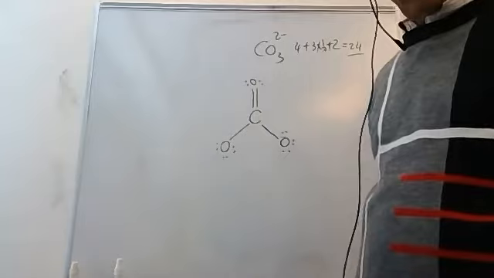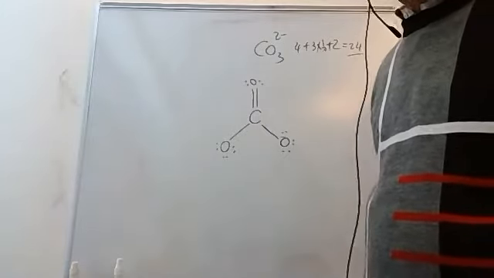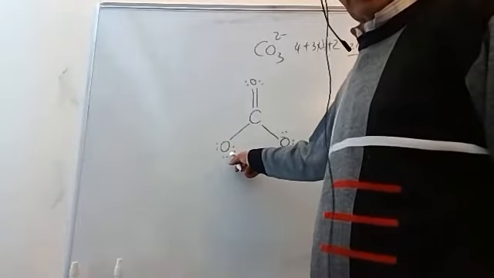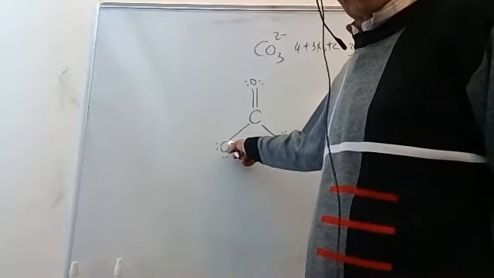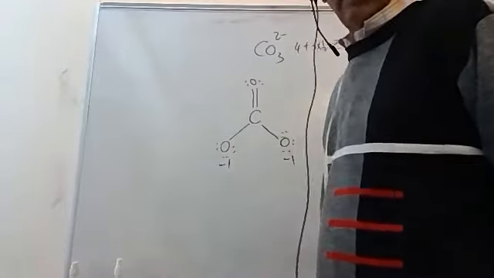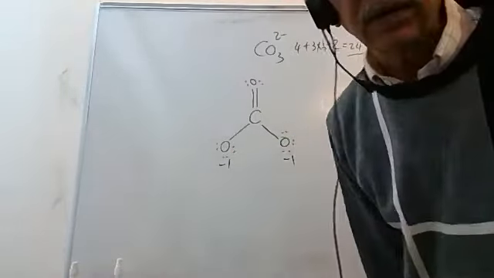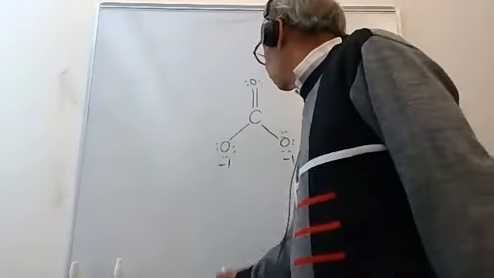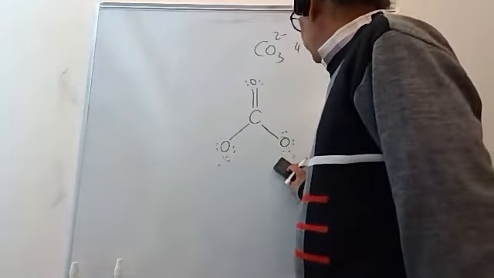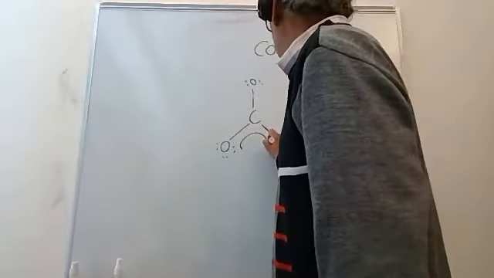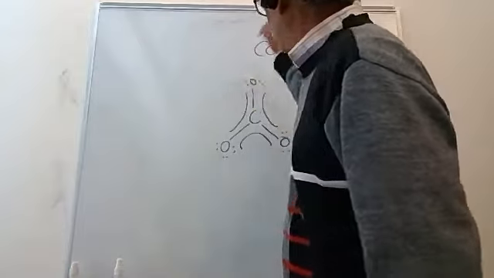If I write the formal charges, which is the number of valence electrons minus the number of non-bonded electrons minus 1/2 of the bonded electrons, this will have -1, that will have -1. That's why the charge of carbonate is a total of -2. But because of resonance, the way we write this structure is basically like this.